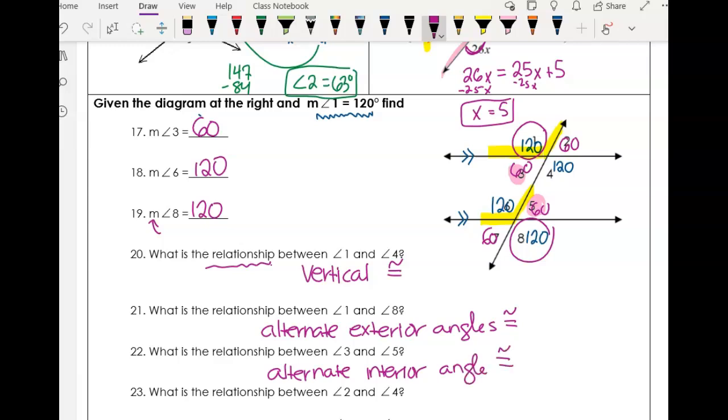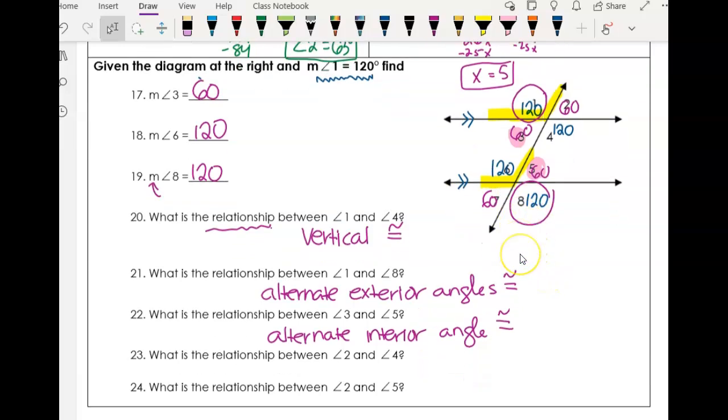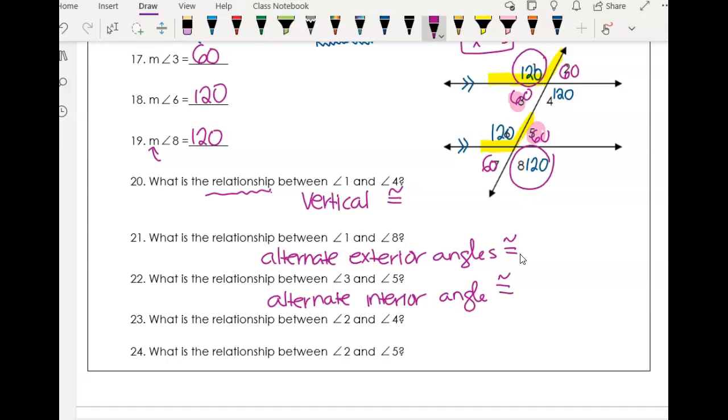And those are congruent. And then the relationship between angle 2 and angle 4. There's a couple different things that you could say for 2 and 4. So let's just go back and highlight these. There's 2 and there's angle 4. Well, they share a side and they come together to form a straight line.